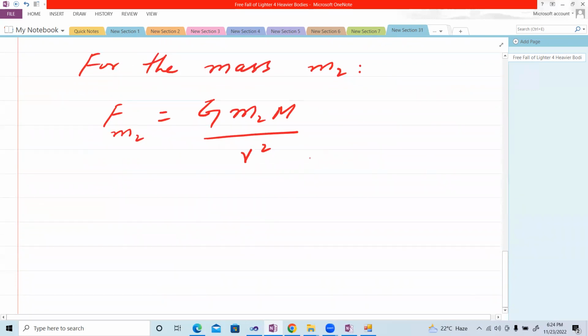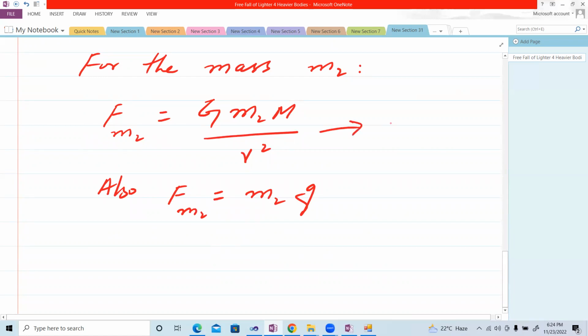According to Newton's second law, this force on m2 by the Earth will be the mass of the body into the acceleration produced due to the force of gravity of Earth on the body m2.